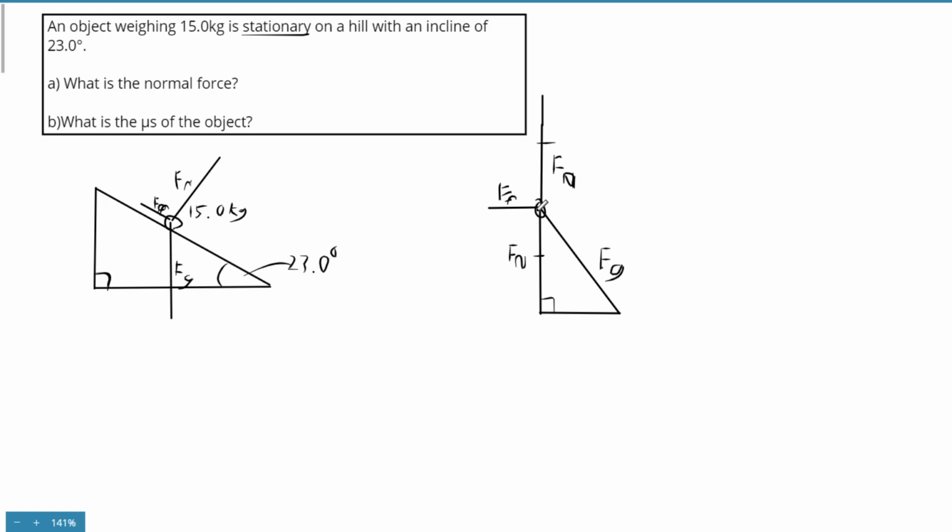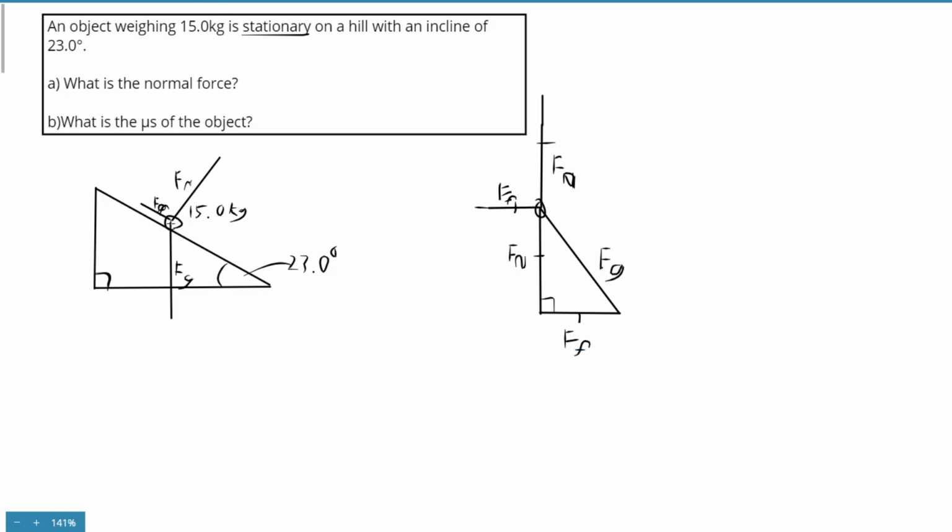It's the same thing, just in a different direction. And because the two horizontal components have to cancel out, this is also Ff.